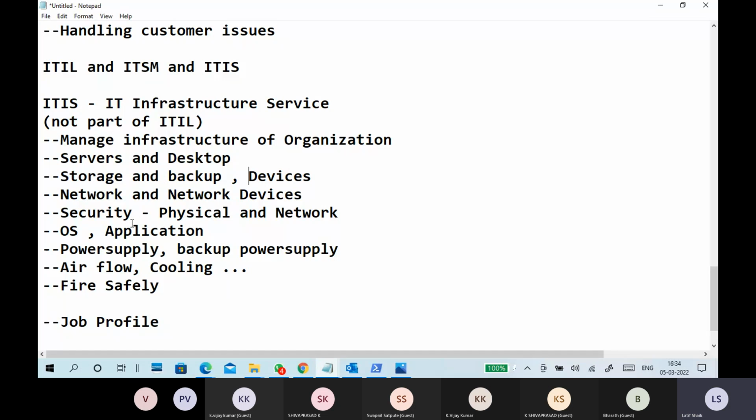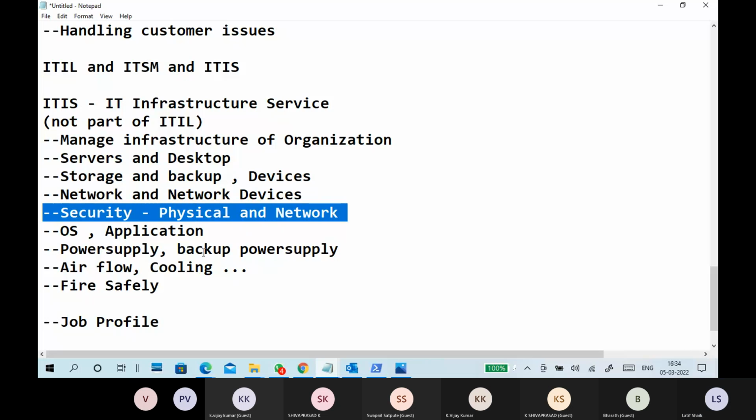Security, like physical access of your server room or network access of your servers. Network wise security, physical wise security, like firewalls, thumb impressions, biometric related ones, checkpoint servers, IDS, IPS kind of stuff. So this is a network security thing.